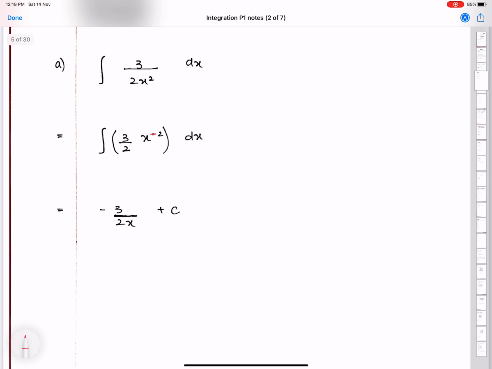So when you integrate x power minus 2, it will become minus 2 plus 1 plus c. So finally you will get minus 1 upon x. And since 3 upon 2 is multiplying with this, this will become minus 3 upon 2x plus c.